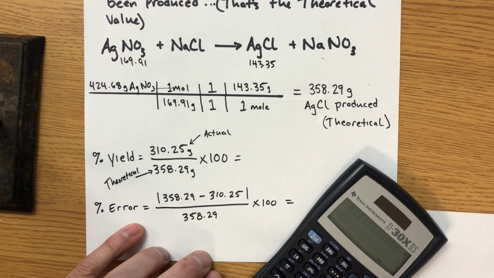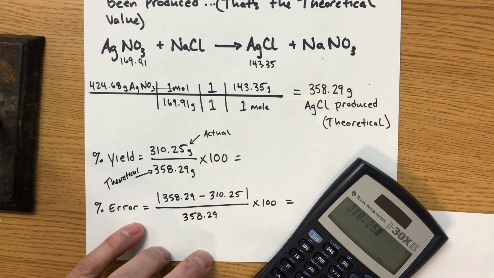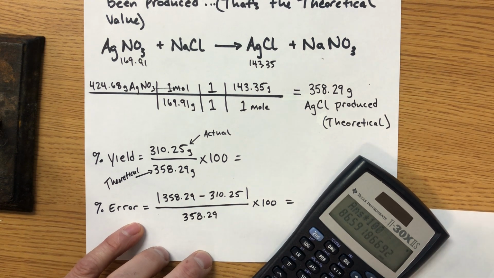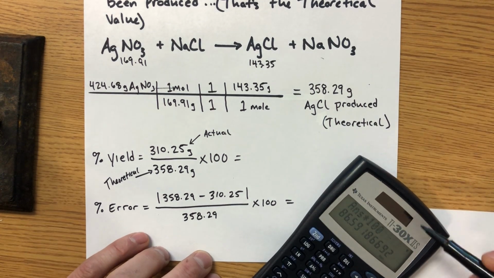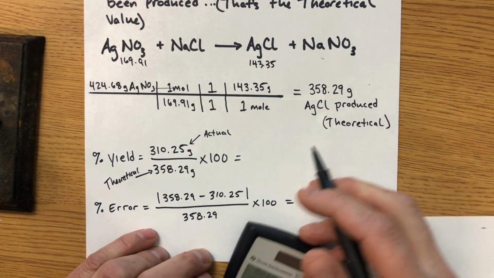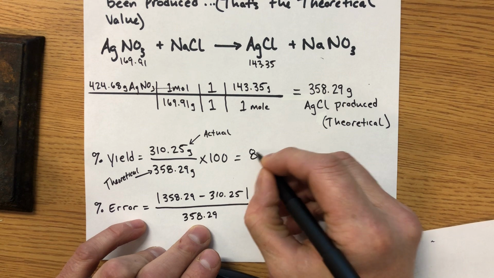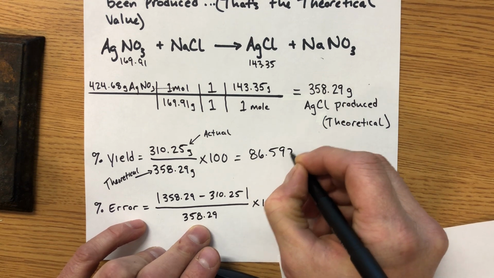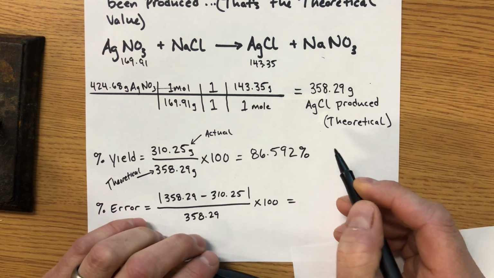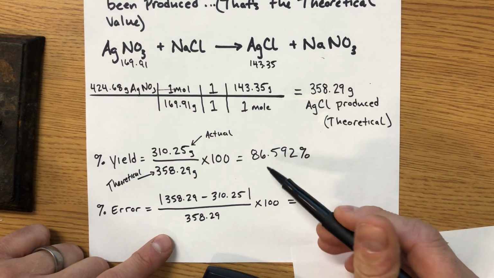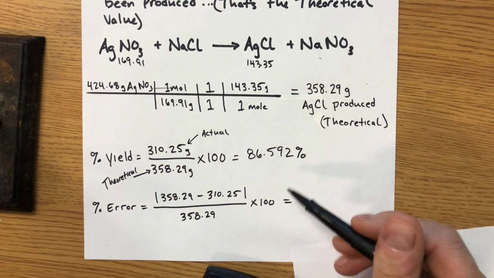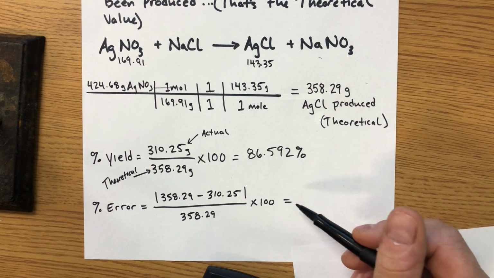So do that here, 310.25 divided by 358.29, times 100, and that gives us an 86.592% yield. So that means that in the lab we produced 86.5% of what we should have produced theoretically.